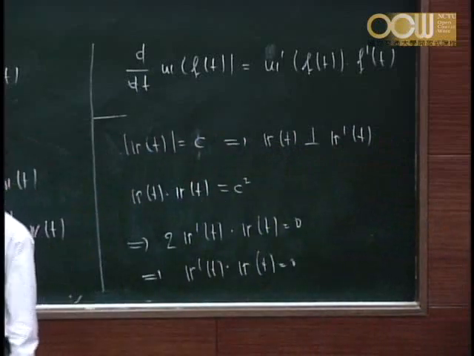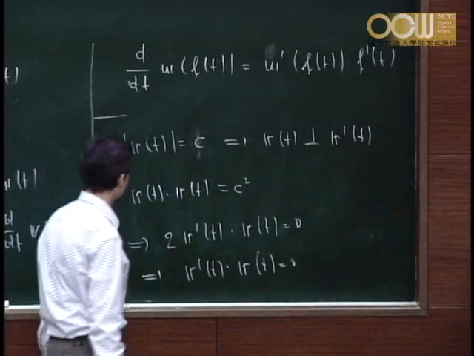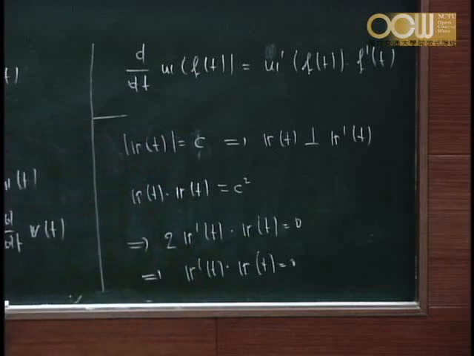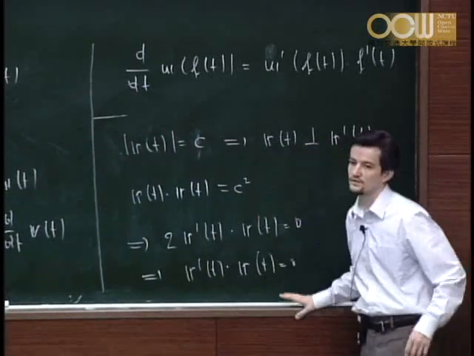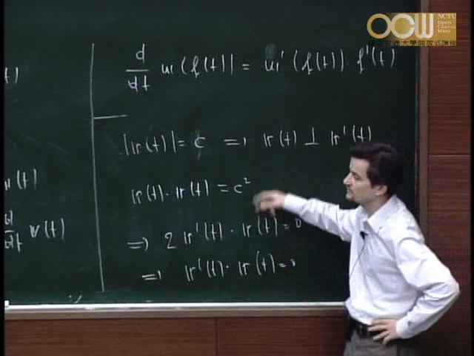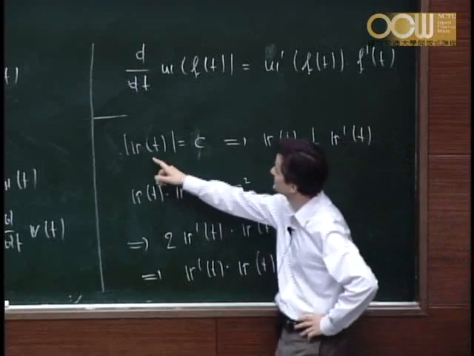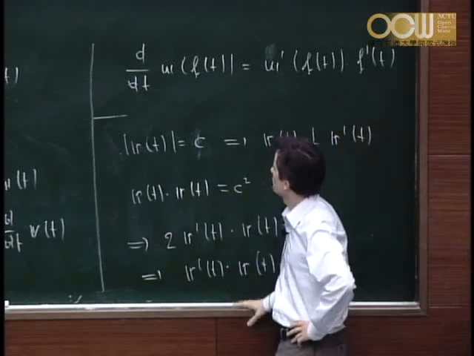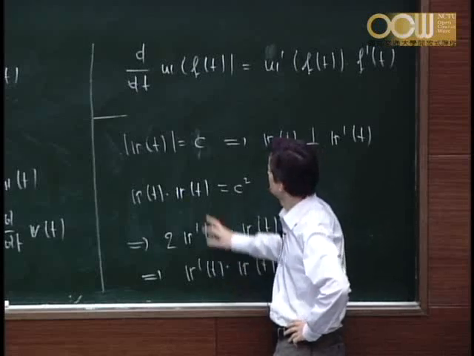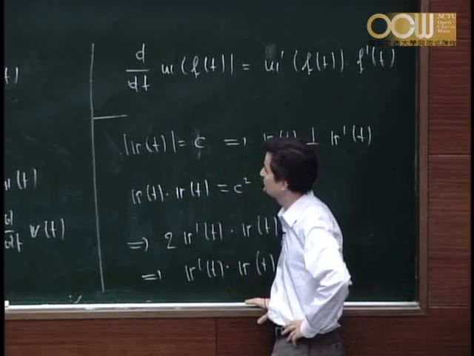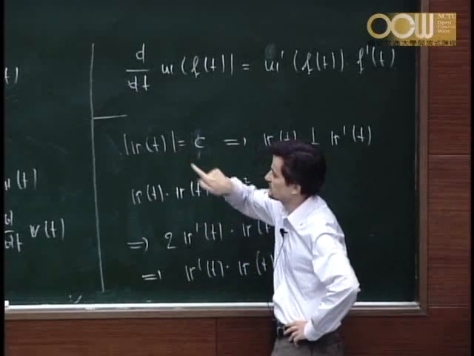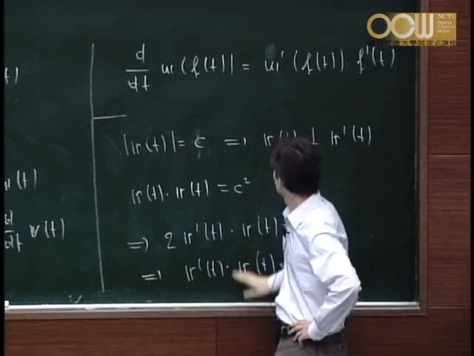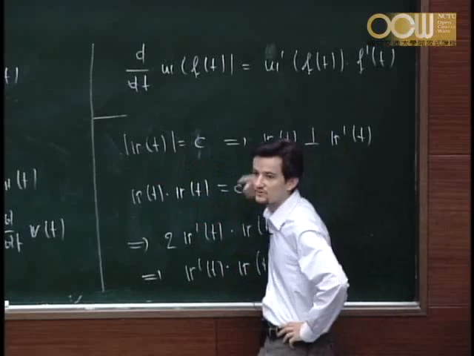So you see now the advantage of having defined the derivative of vector functions like this and having such rules is that we can now prove something like this just by doing calculus. Of course, this is something which is clear because this means that the tips are all located on a sphere. Okay, and this is a property which we know: if you look at the vector, this is the vector which points at the sphere, and this is the tangent, and they must be orthogonal.